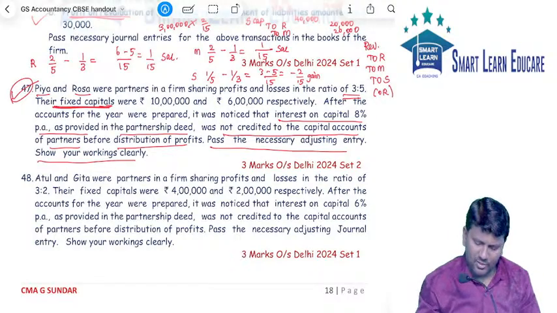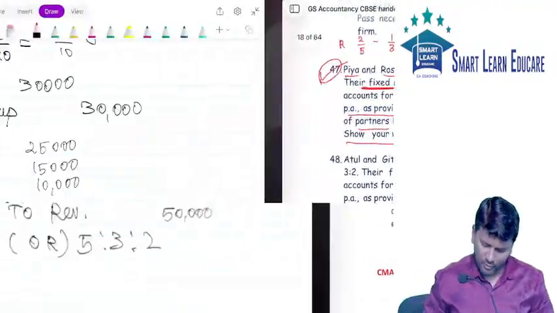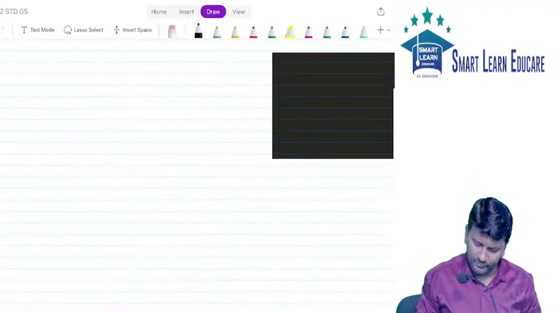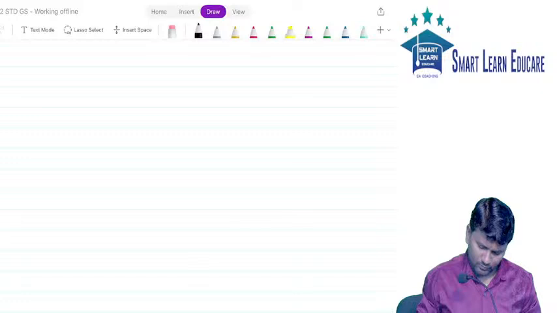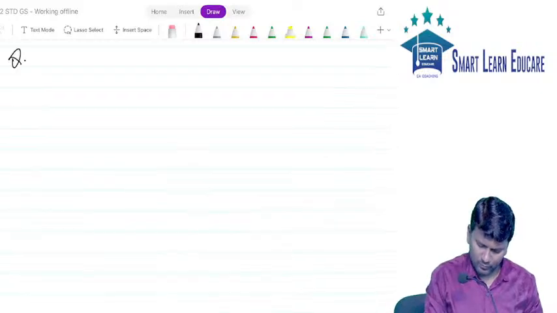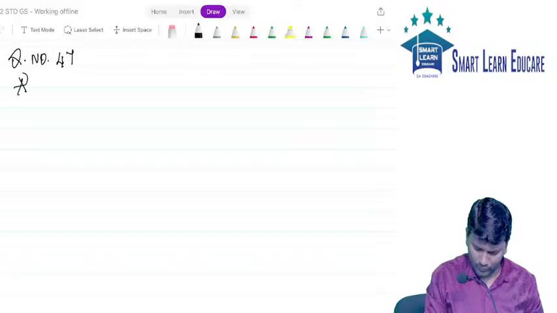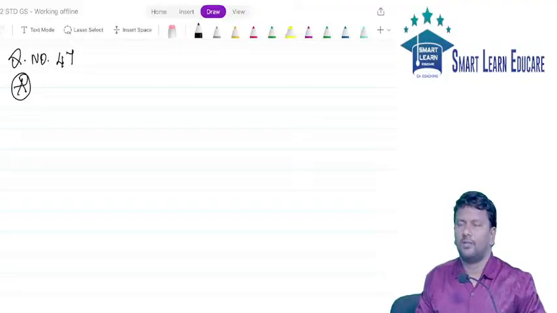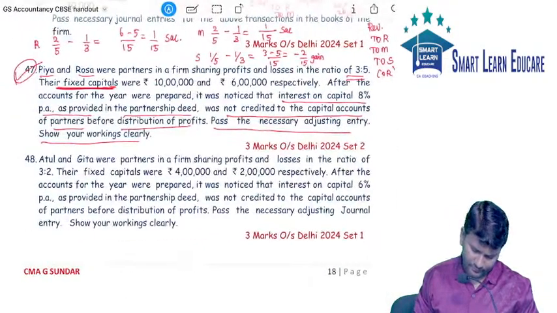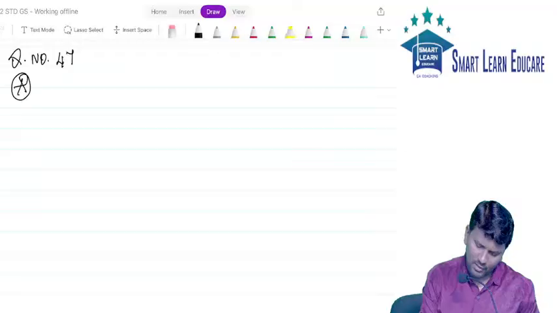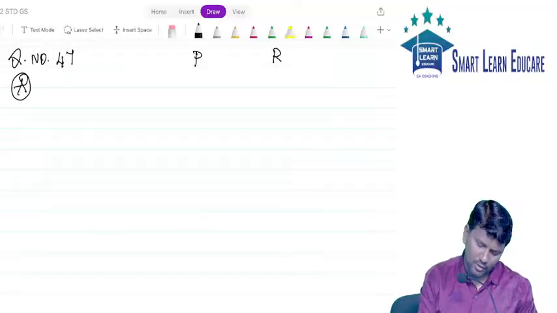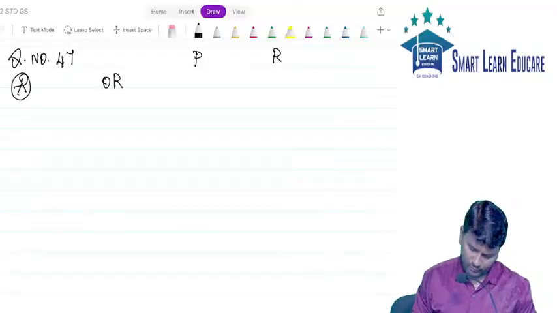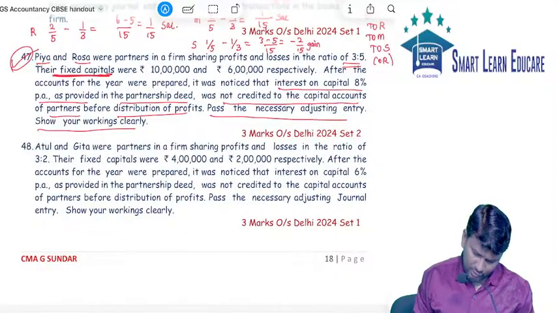Okay, now let us solve. So question number 47, mark it as important. First of all, in this question, two partners P and R, what is the old ratio? 3:5.